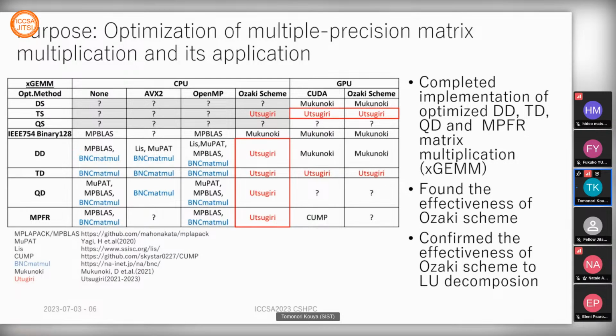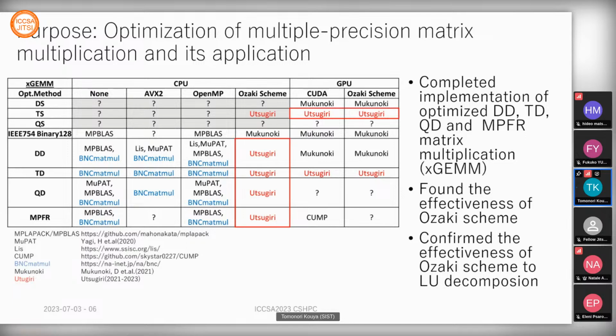We are developing an optimized multiple operation matrix multiplication library and related multiple operation linear computation functions. This table shows the current status of optimized multiple operation matrix multiplication libraries.